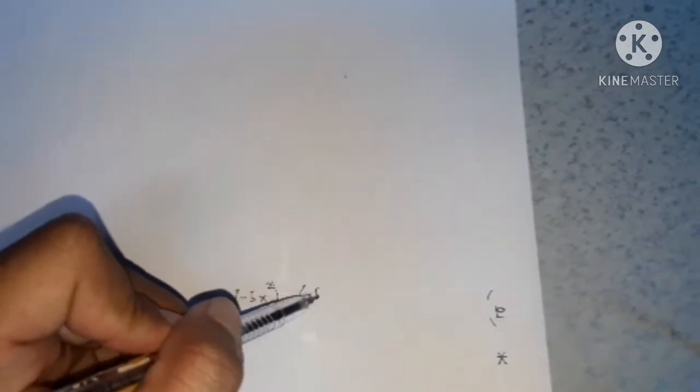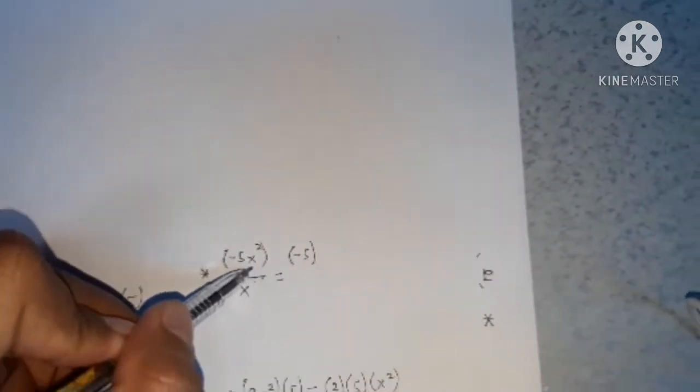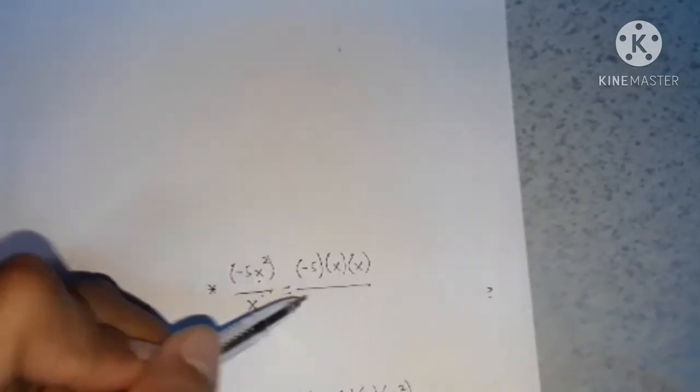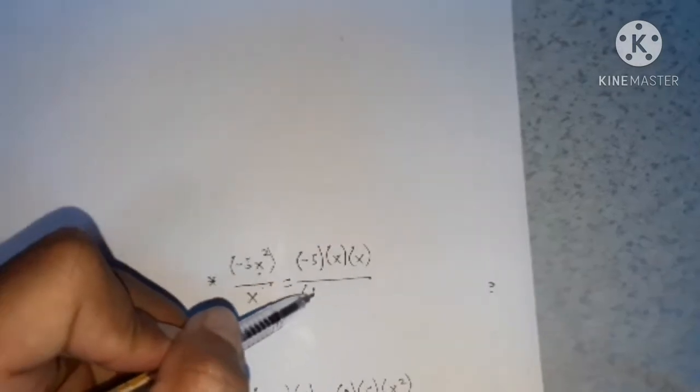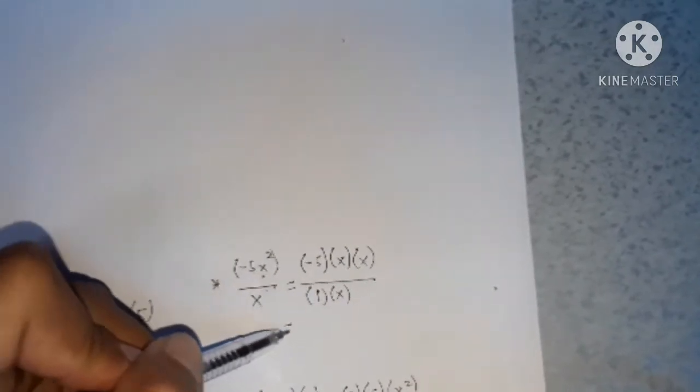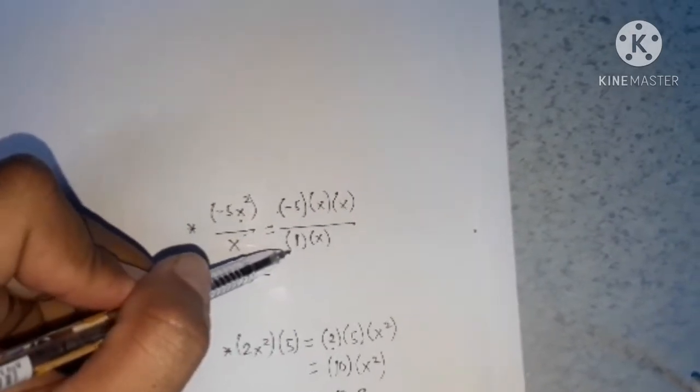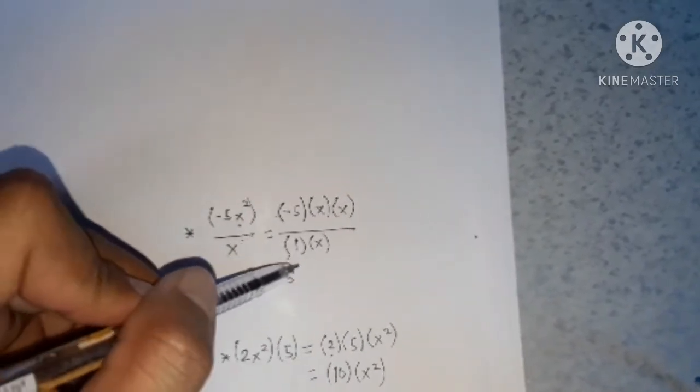So meron tayong negative 5, and then yung x squared ay pwedeng isulat as x times x, and then divided by, this is again 1 times x. So you have negative 5 divided by positive 1, that is negative 5.